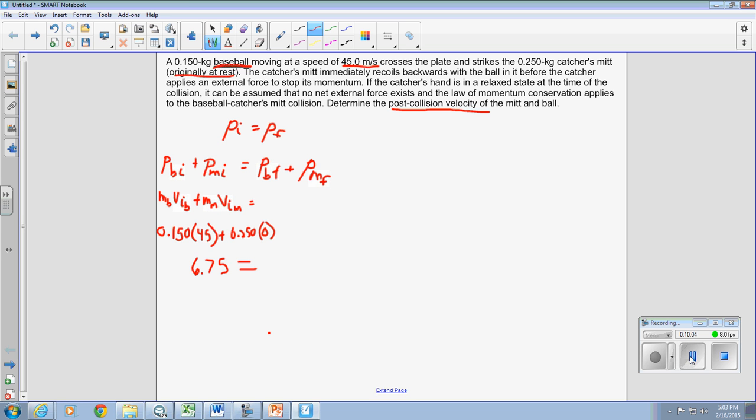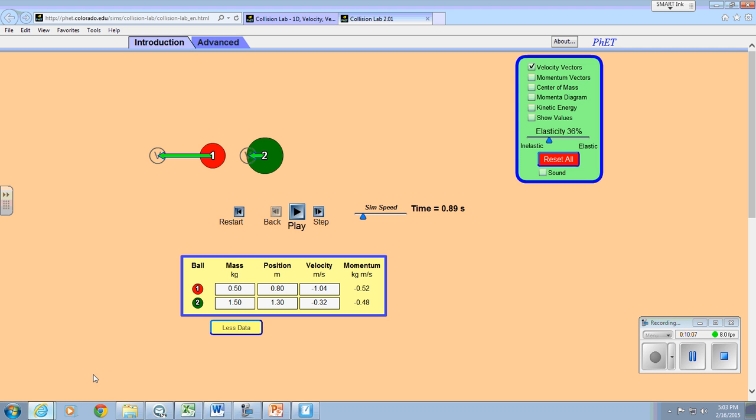If you're having difficulty, we can go back to our simulator, and I'll show you what it looks like when two objects go off together and combine to have the same velocity.